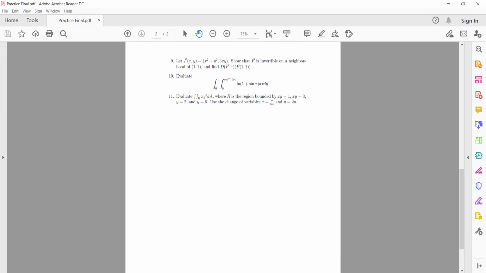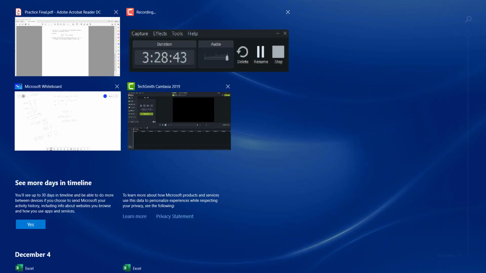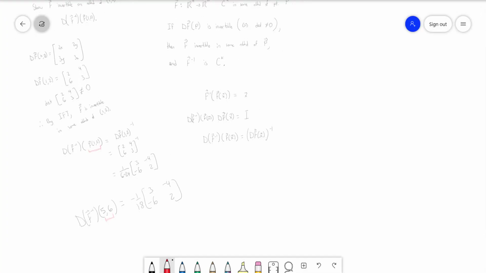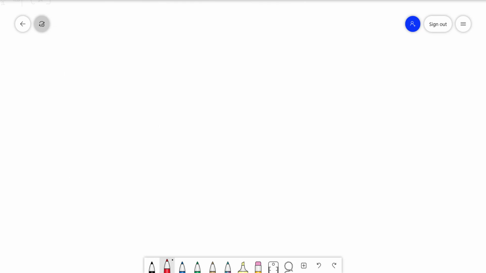Okay, so number 10 looks like a somewhat simple double integral. Let's try to work it out.